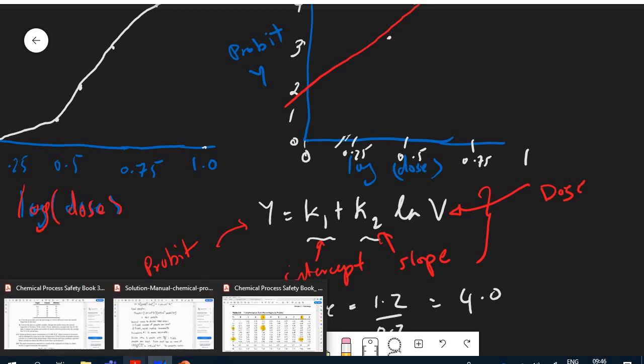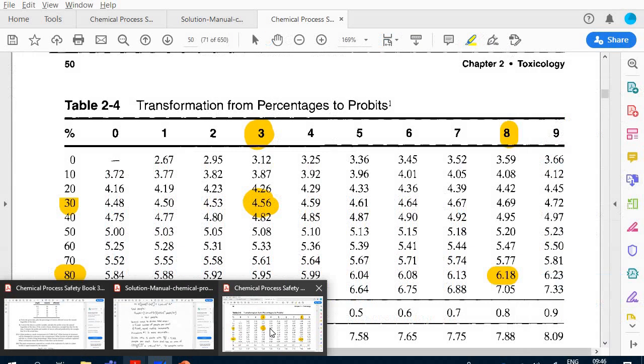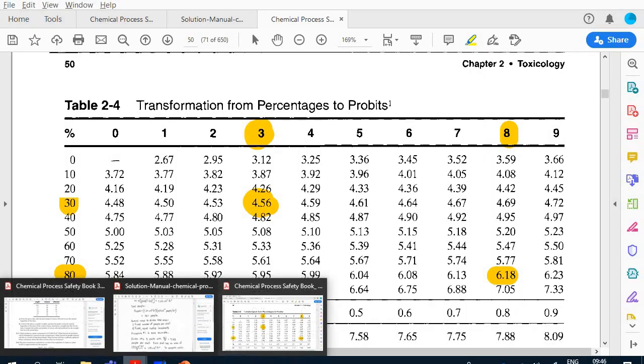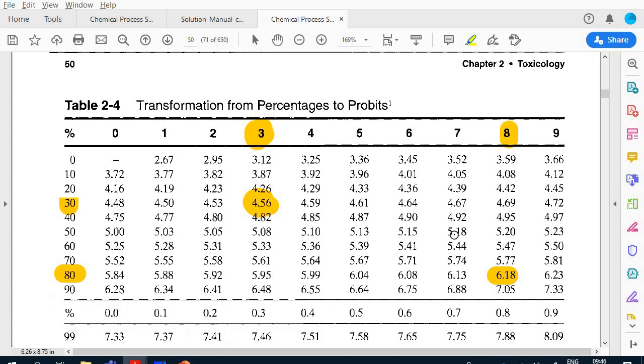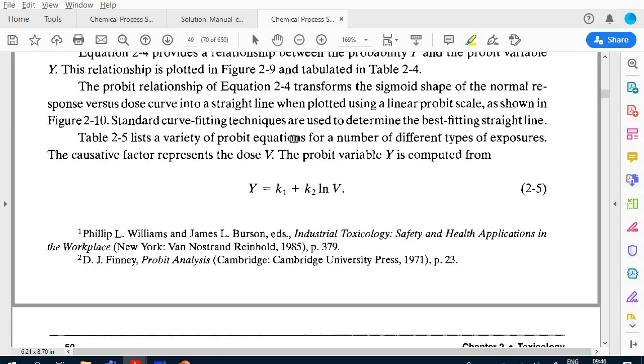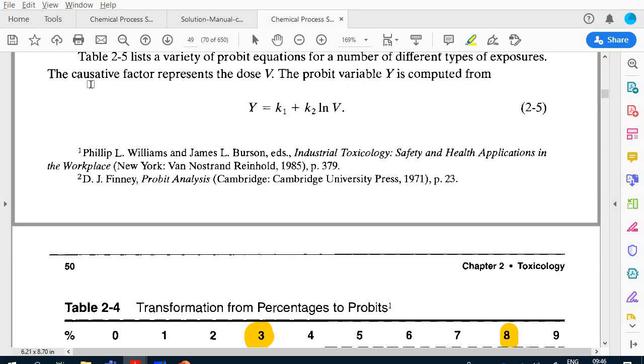Sometimes it's nice to just recall and remember things that we have taken. So that was the table. Oh, it's here. Very clear. So the causative factor, or the dose, is called V, and in this case we have dose. Otherwise we are going to use the causative factor, and the probit variable is y, and this is how we are going to calculate it.